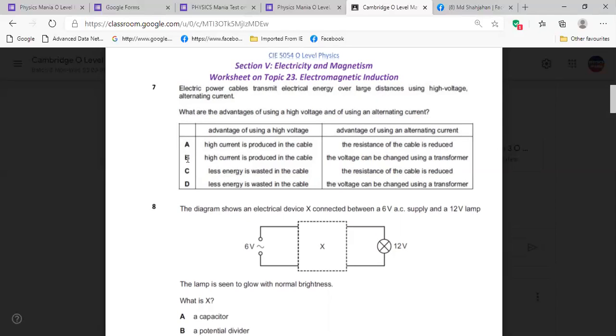It is not written in your notes about alternating current? When we discussed the transformer, it is written at the beginning. What is the use of alternating current in the transformer?